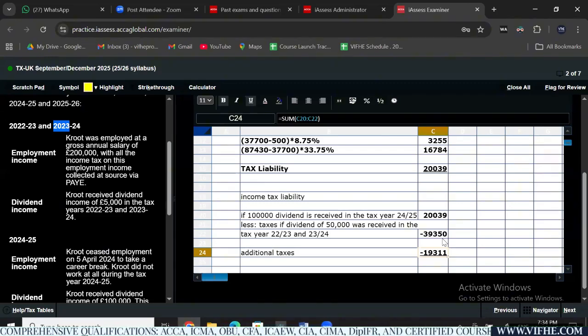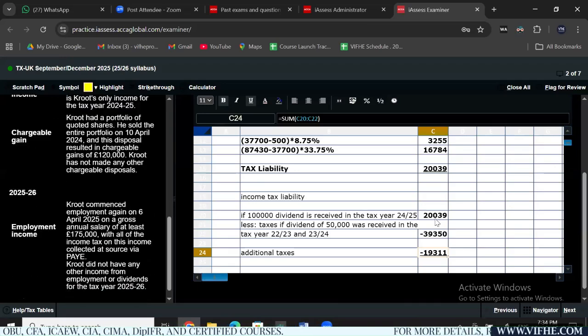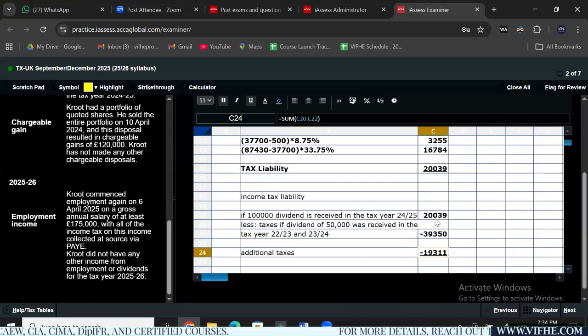But thankfully he did not receive £50,000 in 2 tax years, rather he received £100,000 collectively, and that's also in the tax year 24-25, and he had taken an employment break, which is why he was then falling in a comparatively lower band. I mean, by assessing the dividend in the tax year 24-25, he will no longer be an additional rate taxpayer, and this is the advantage that he has this way, right?